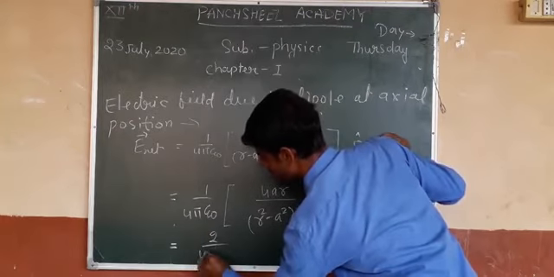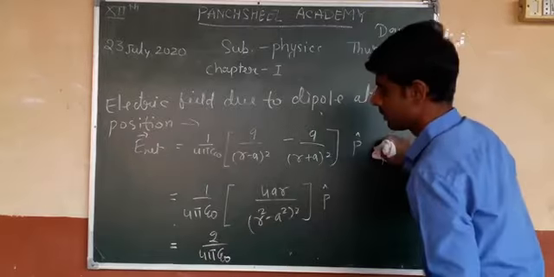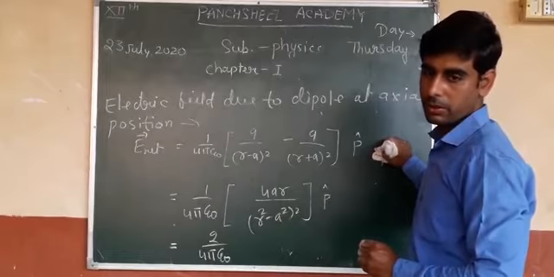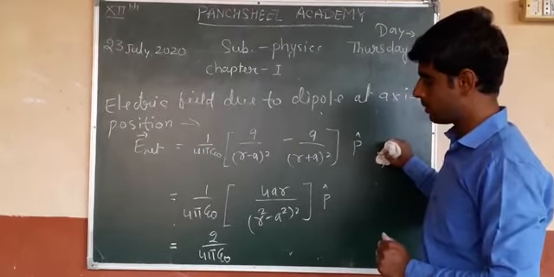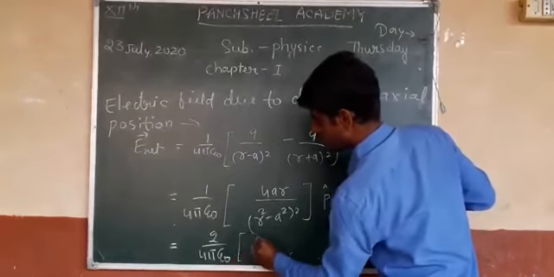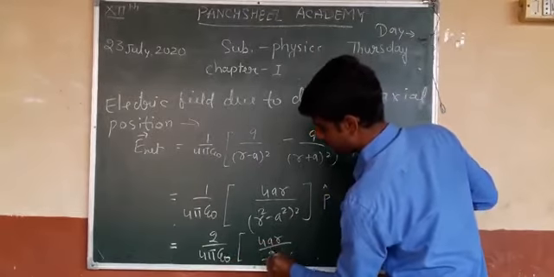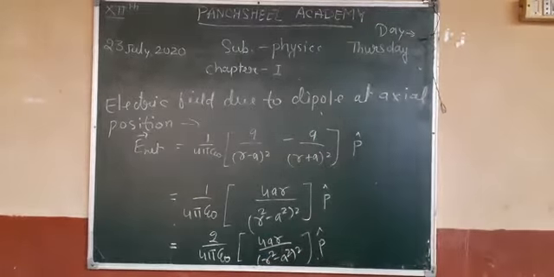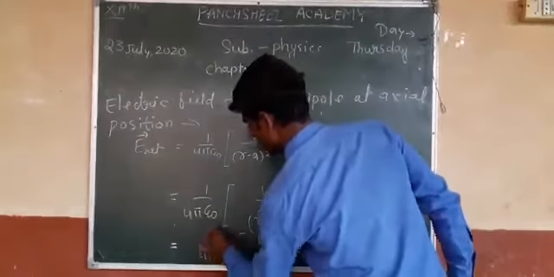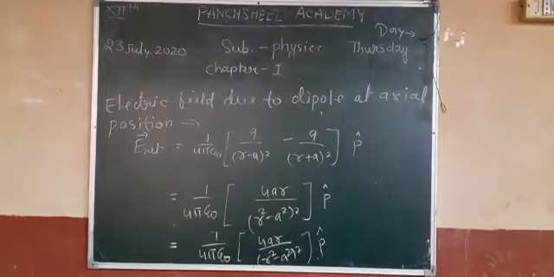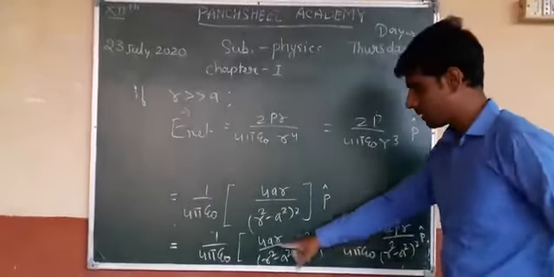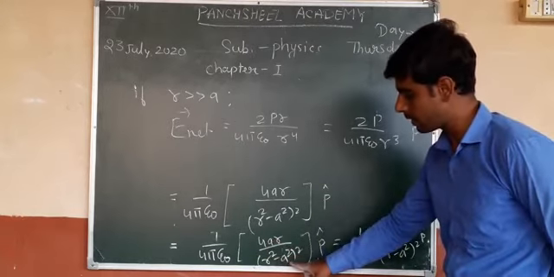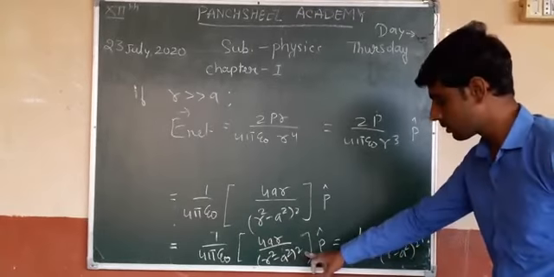So 2 upon 4 pi epsilon naught equal to 4ar upon r square minus a square, whole power square.